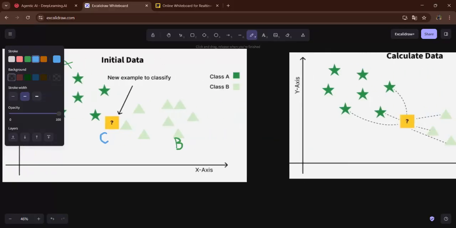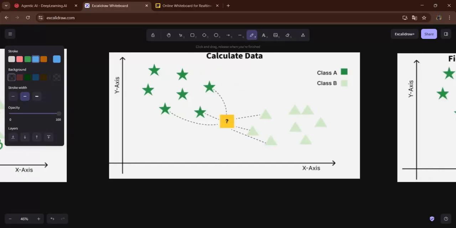In the next picture, we have to find whether C is a member of class A or class B. For finding that, we have to find the neighbors. Suppose the k value is 3, and we have to find the three neighbors of class A and three neighbors of class B from the data point C. This is the first neighbor, the second neighbor, and the third neighbor, and here also first, second and third.